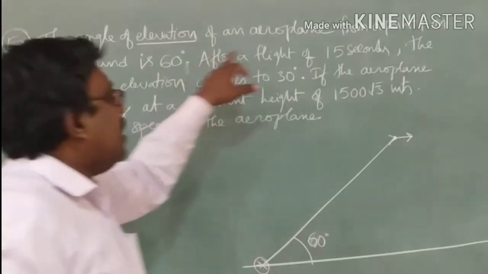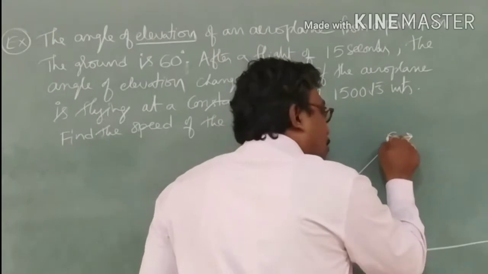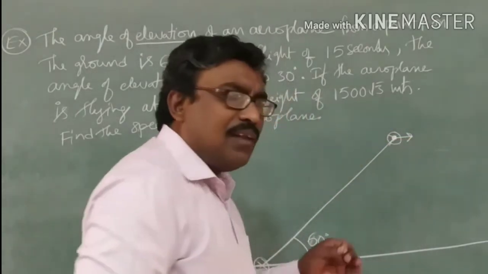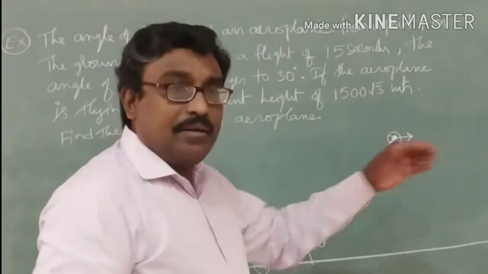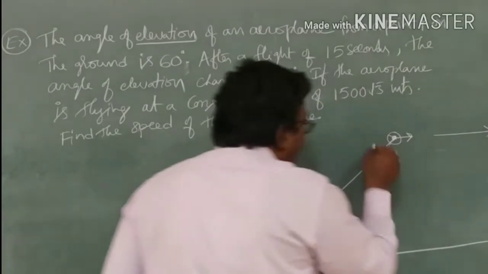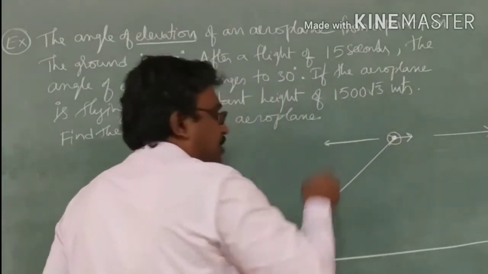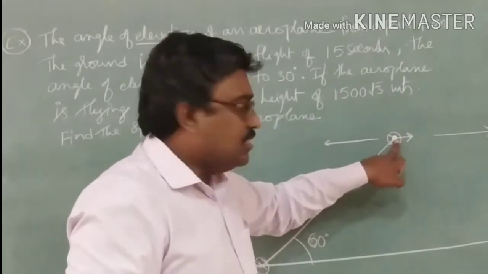Now, after a flight of 15 seconds, here aeroplane is there. After a flight of 15 seconds, that means it's flying. That means it can go in this direction or in this direction. We cannot say. Okay? From this plane, this is the plane.